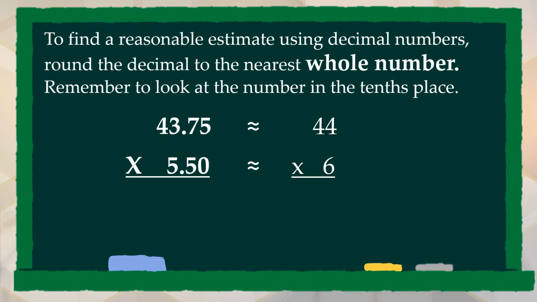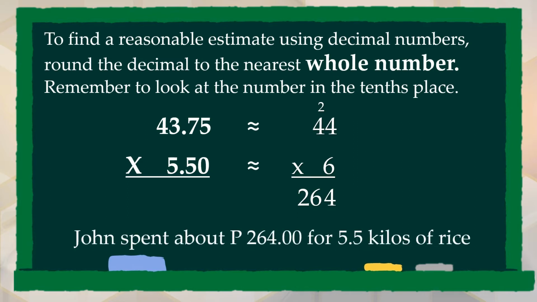After estimating the factors to be multiplied, start multiplying. 4 times 6 equals 24. So 4 carry 2. 4 times 6 is equal to 24 plus carry 2 is equal to 26. So the product is 264, which means John spent about 264 pesos for 5.5 kilos of rice.